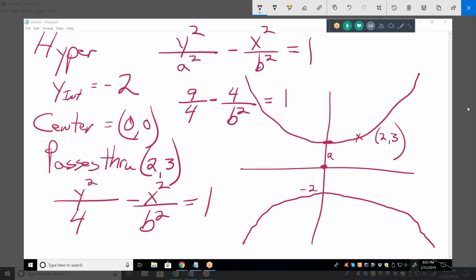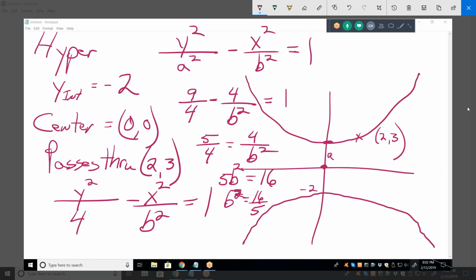So let's bring the 1 over to make that 5/4. Let's take that on the other side to make it 4 over b squared. And let's cross multiply. 5b squared equals 16, which means b squared equals 16 over 5, which means b equals the square root of that.